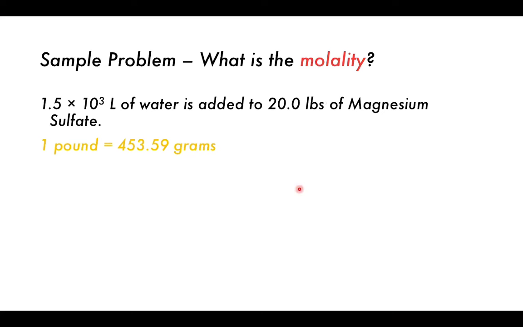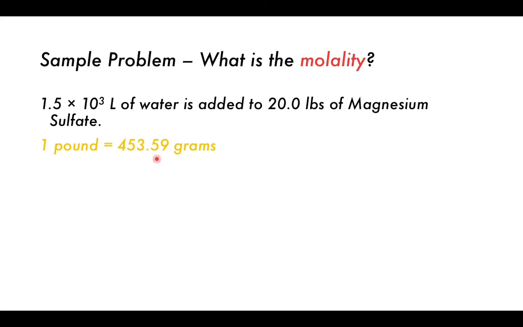So a sample problem: what is the molality if we have 1.5 times 10 to the 3 liters of water, and to this we add 20 pounds of magnesium sulfate? We're given the conversion of pounds to grams, so 1 pound, also written lb, is going to be equal to 453.59 grams.